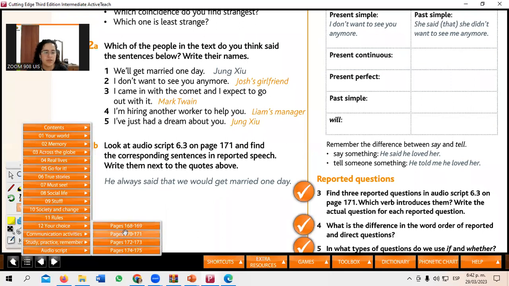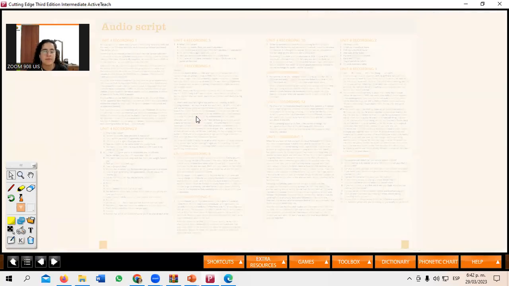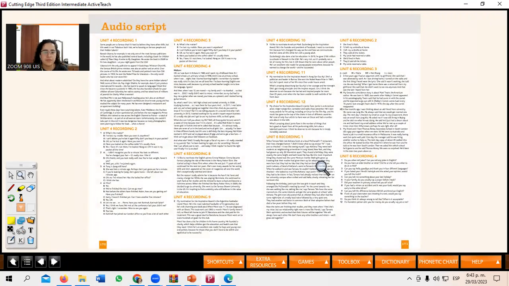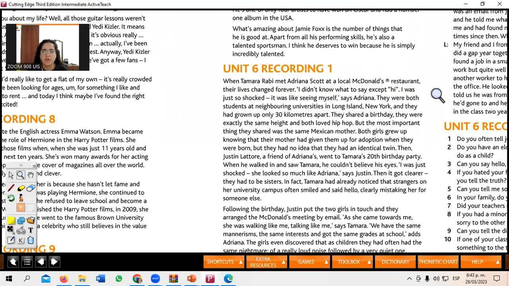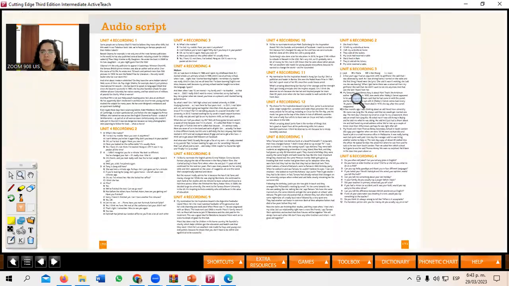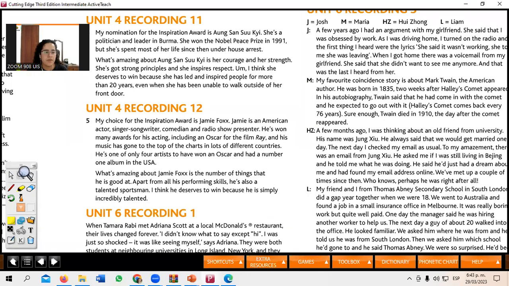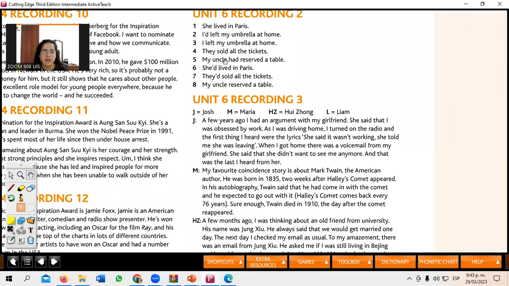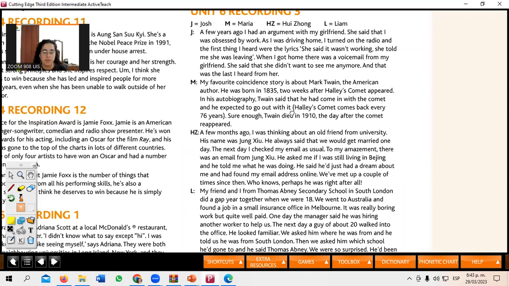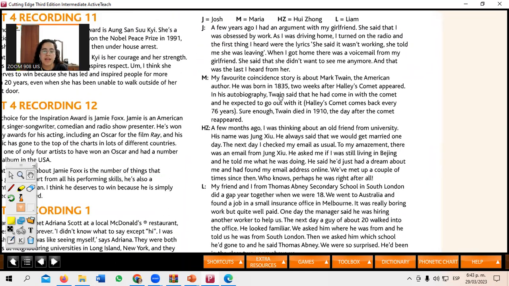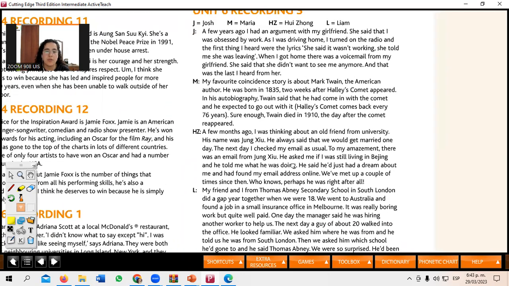Over here is the audio script. Unit 6, recording 1. Recording 2. Recording 3. So we have Josh, Maria, Hui, Song, and Liam. So you can read the script and find the reported speech version of the sentences that we have in our page, all right?